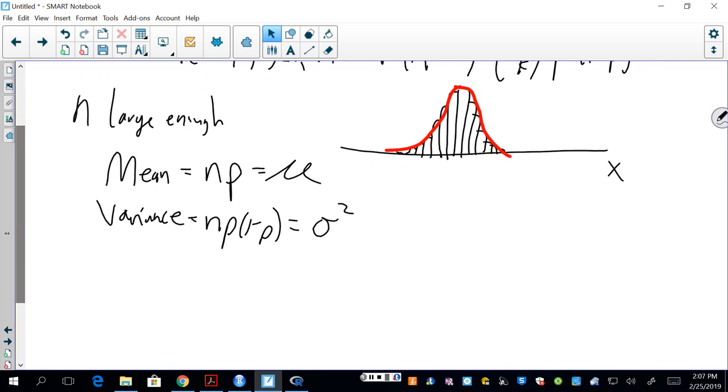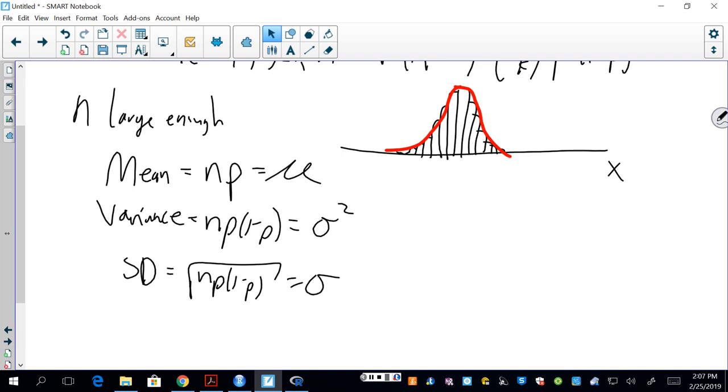For the standard deviation, you take the square root of that, the square root of np(1 minus p), and you get sigma, the standard deviation. So any question you ask about binomial, you can now convert it to a normal, and answer it with less work.